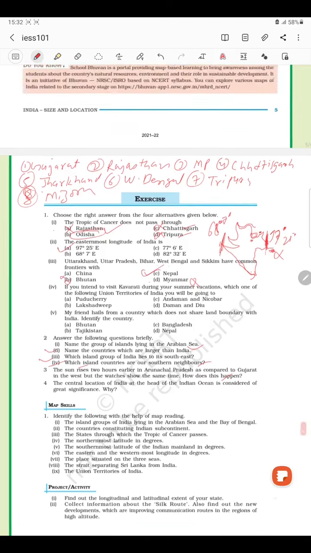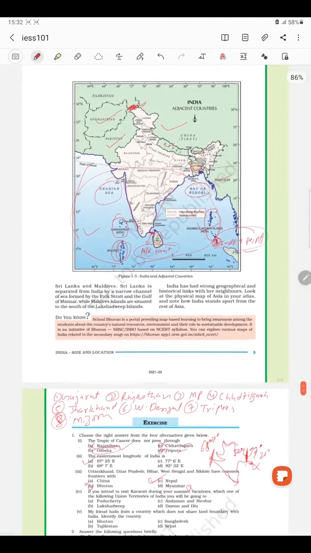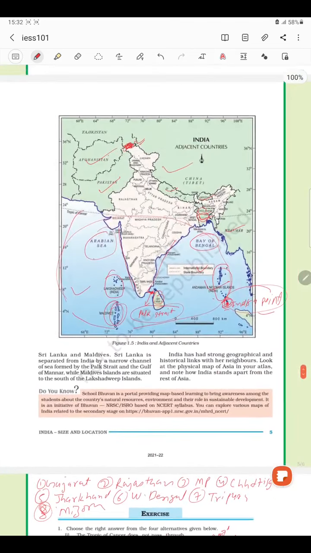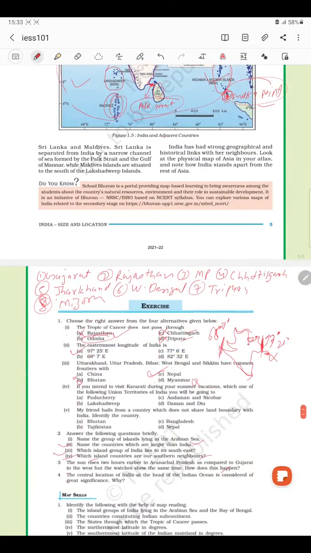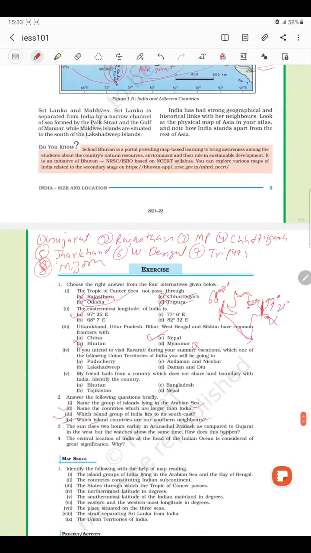Nepal is the only boundary you can see here that is shared with Uttarakhand, Uttar Pradesh and Bihar. So the correct answer is Nepal.